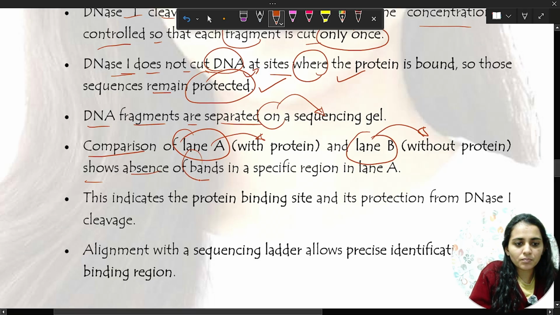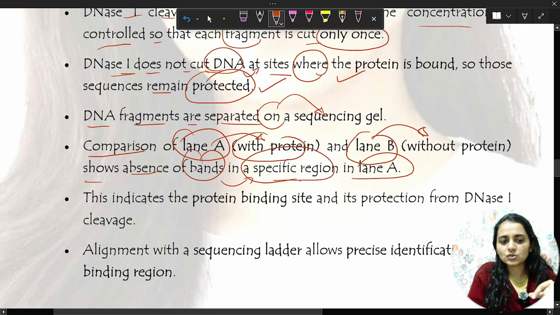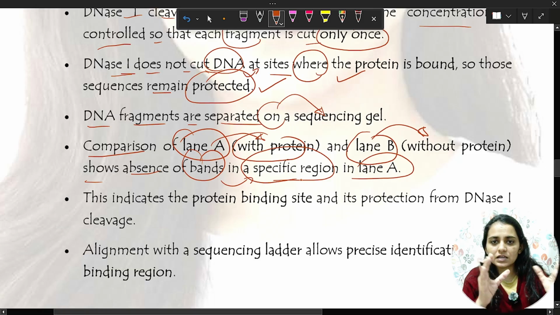We see absence of bands in the specific region in lane A where protein is present, so there is a missing band or gap.